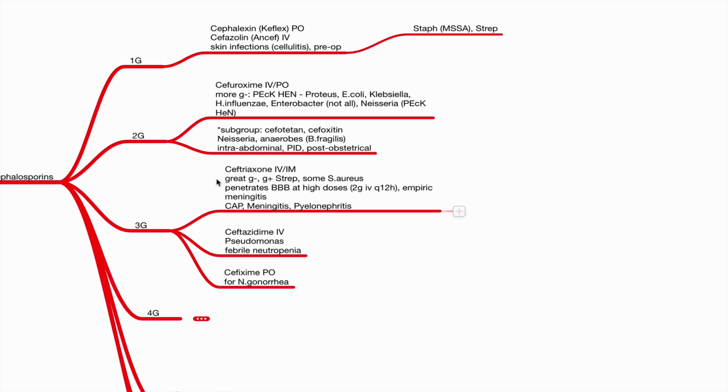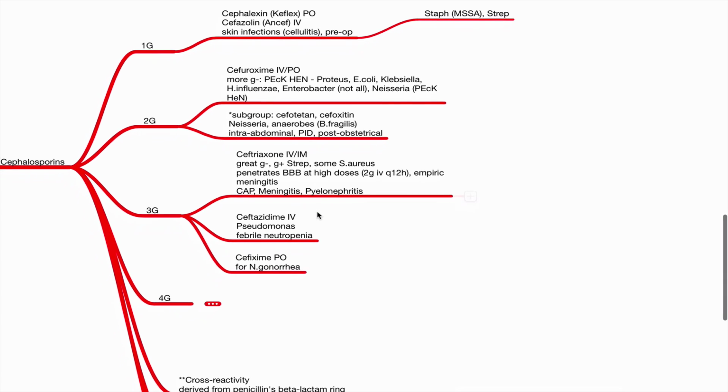However, it's not really preferred as the choice for MSSA, as it is still a very broad antibiotic. Ceftriaxone does penetrate the blood-brain barrier at high doses, so the empiric meningitis dosing is often 2 grams IV Q12 hours. It's also used for things like community-acquired pneumonia and pyelonephritis.